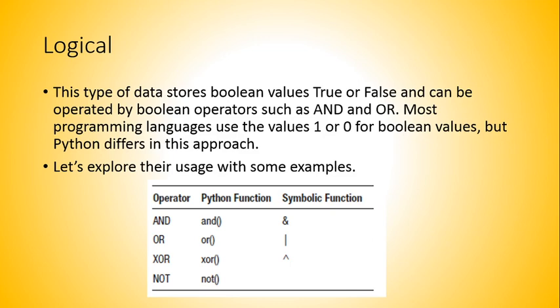As you can see, there are four types of operators: and, or, XOR, and not. The Python functions related to each are provided in this table. The symbolic functions related to each Python function have also been provided in this table.